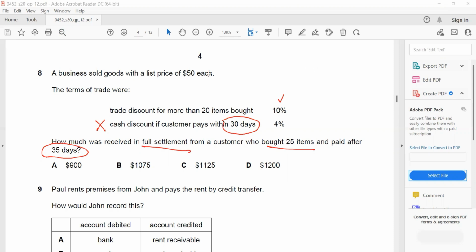So trade discount, how much? A list price of 50 each. He bought 25, so we have to take 25 times 50. After that, this is 10%, which means it's 90% we have to pay. So the amount will be 25 times 50 times 90%. Okay, so we need to pay 1125. So this is the amount that is recorded in the accounting. Because it's not entitled to the cash discount, this is the amount I have to pay.